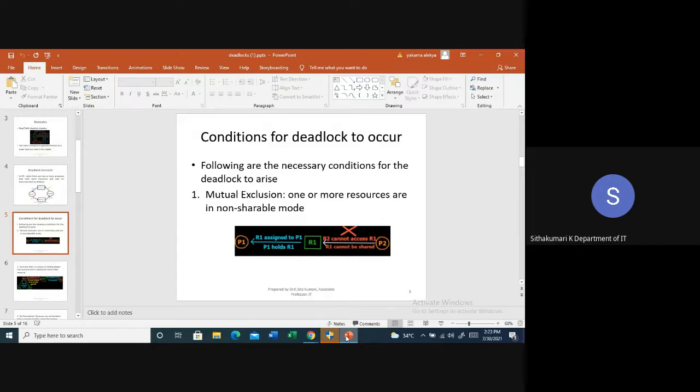When P1 is accessing the resource R1, P2 cannot access because R1 is a non-shareable resource. So for this resource R1, a deadlock may take place. So this is mutual exclusion. So at least there should be one resource which is in non-shareable mode. Only one process can use a resource at a time.